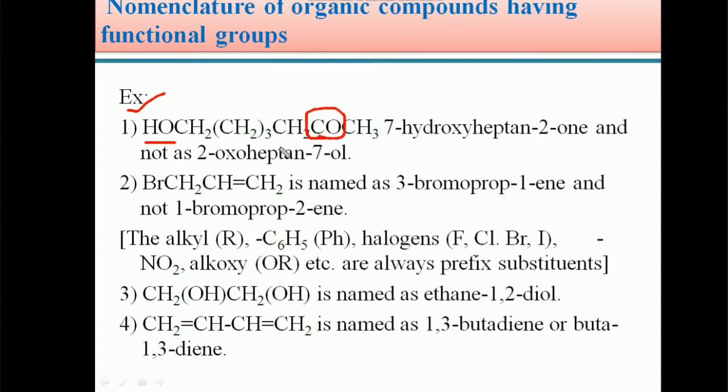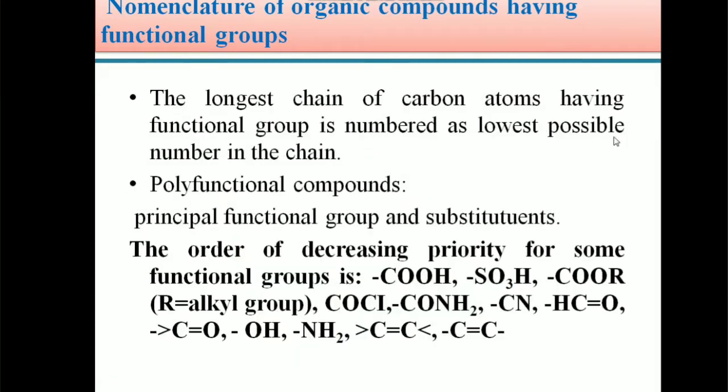In the priority order, you can see OH and C double bond O; of these two, C double bond O has the higher priority. So C double bond O is taken as the principal functional group, and the OH group, the alcohol group, is considered a substituent.